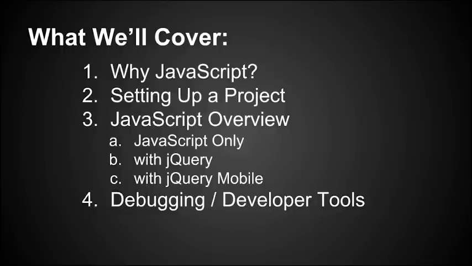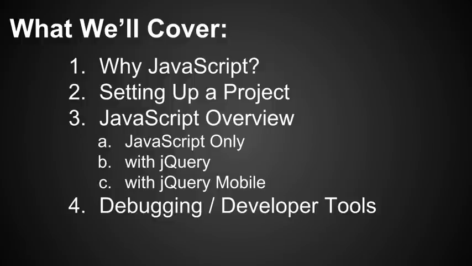Those are the three main tools you can use to develop a very nice application. And finally, through the process, we'll probably do some debugging, but I'll also run through the Chrome debugger to show you some tools to debug your programs.